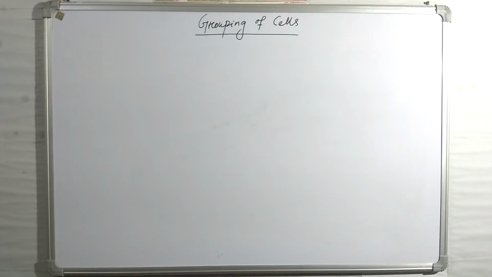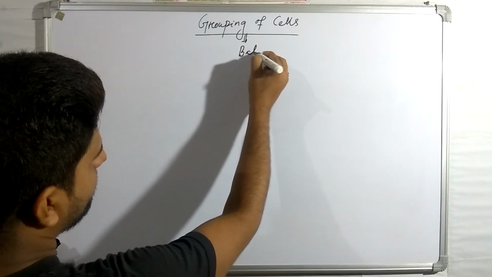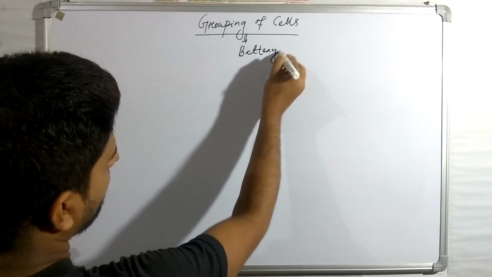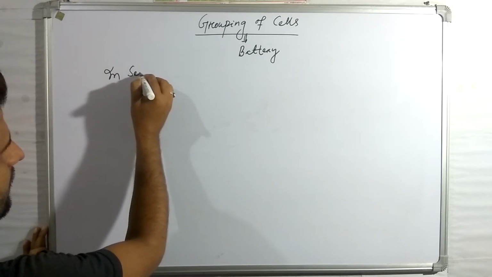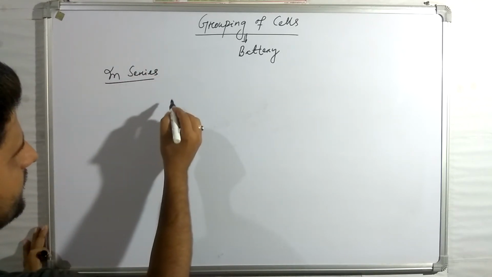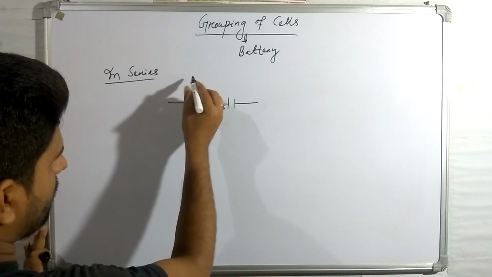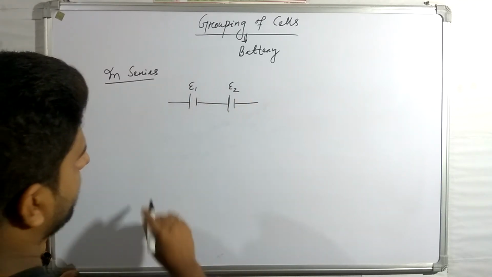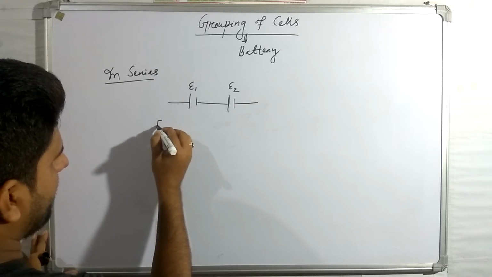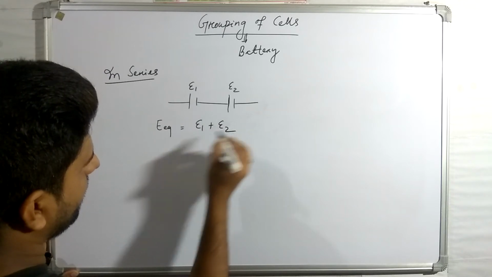Next, grouping of cells. The grouping of cells is also known as a battery. When cells are joined in series, suppose this is E1 and this is E2, the equivalent EMF equals E1 plus E2.